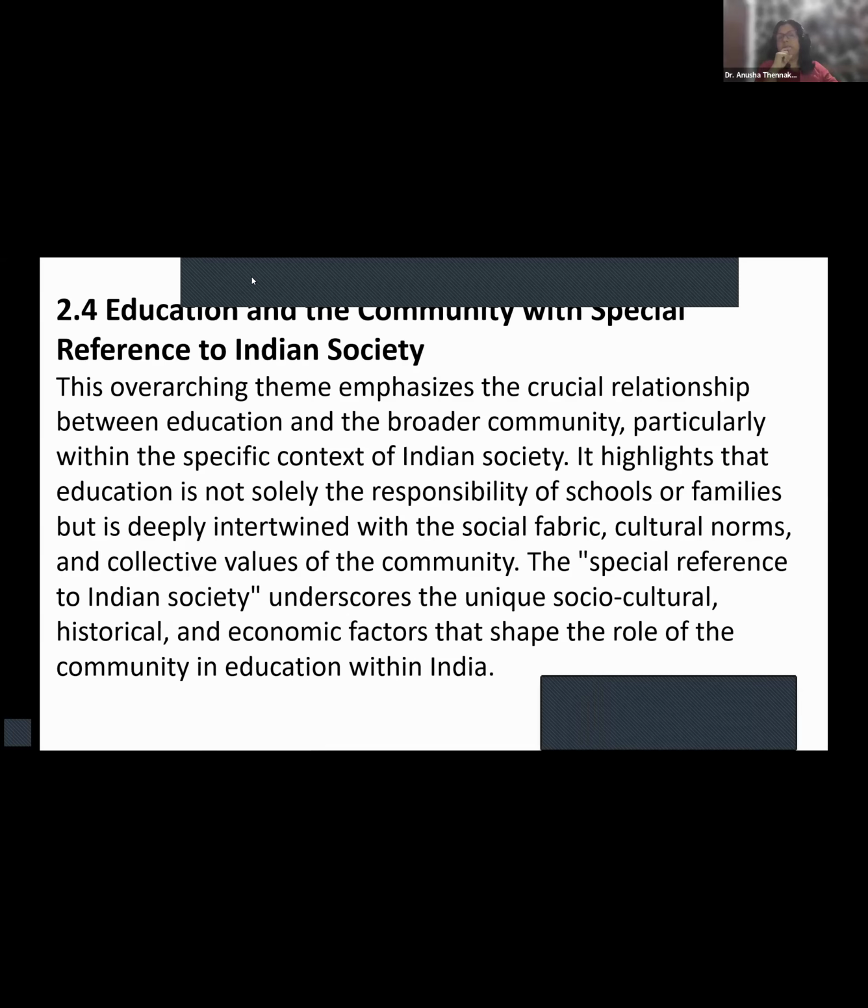But here, in addition to schools and families, this responsibility of education should be taken by the society also. A social fabric, cultural norms, and collective values of the community.